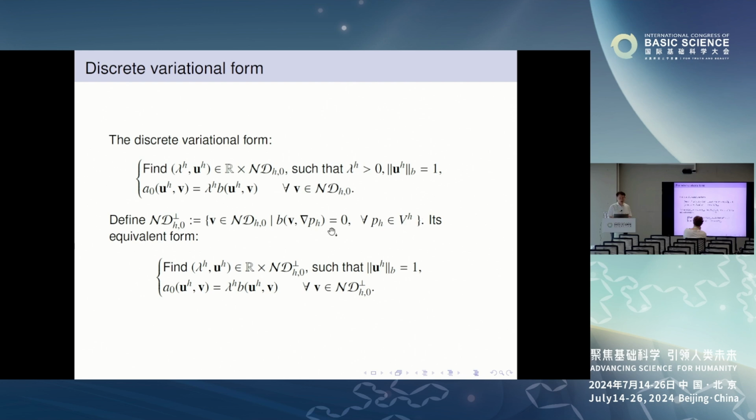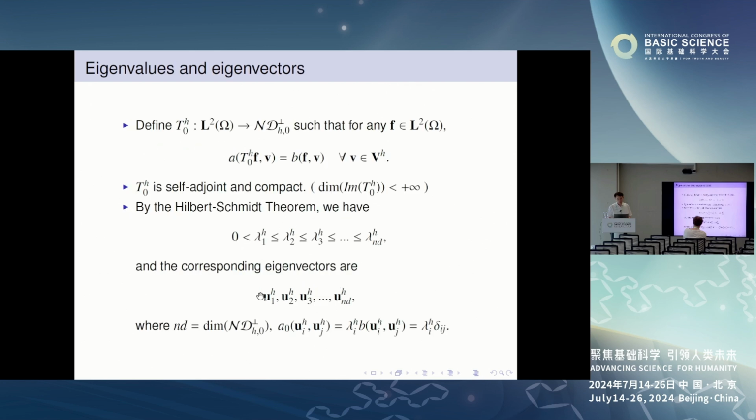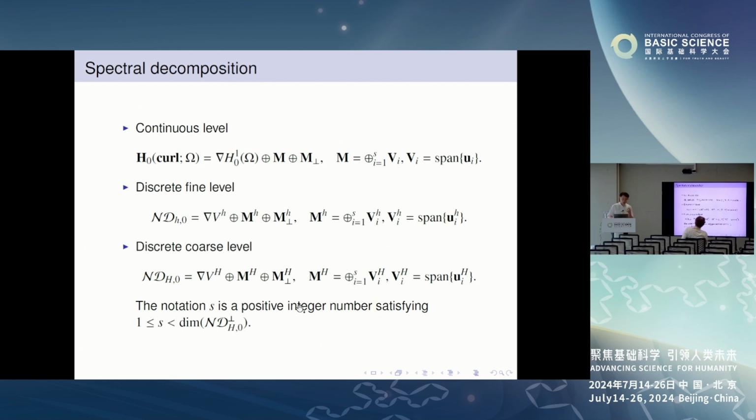This is the classical one, and actually you can write an equivalent form like this. For the discrete level, similar to the continuous level, you can write down this formulation. This is the eigenvectors. Finally, this is quite technical, so I don't show too much here.